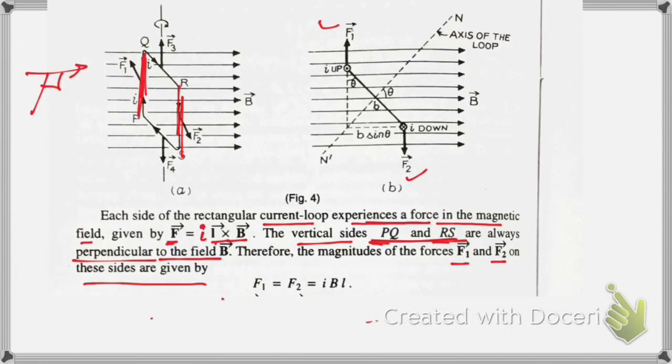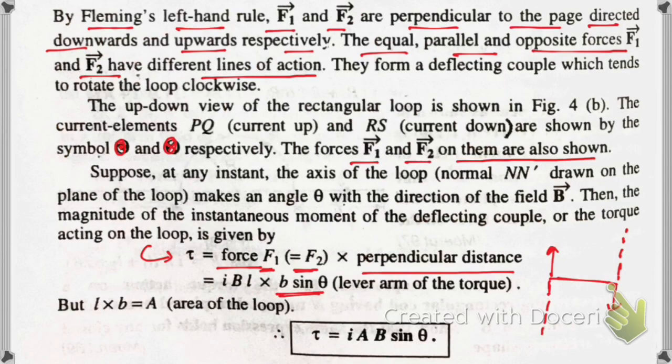So here you see, this force F2 is acting in this direction, right? And the perpendicular distance from this line of action is b sine theta. That's why they are talking about this perpendicular distance. That's why torque is given by force F1, either F1 or F2, because both are equal in magnitude.